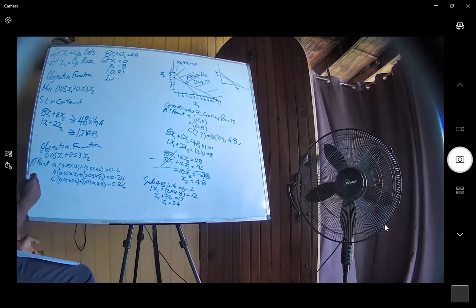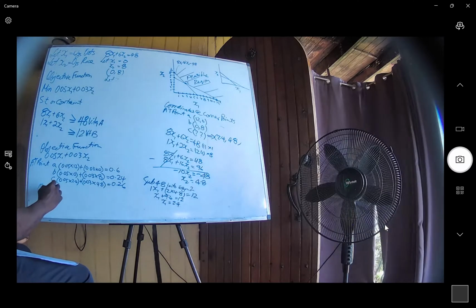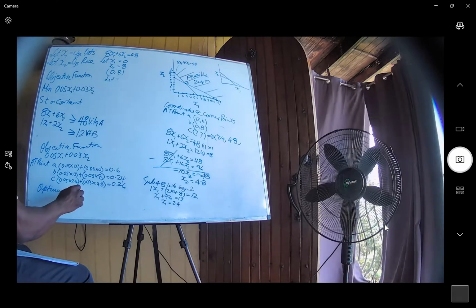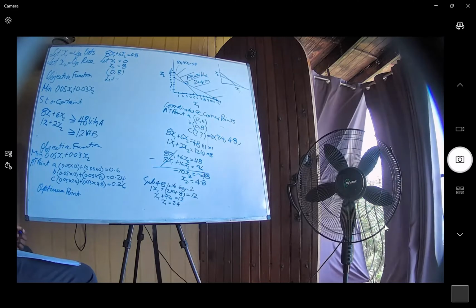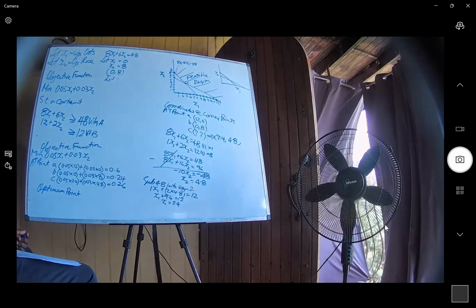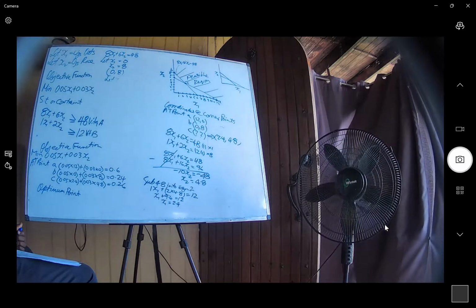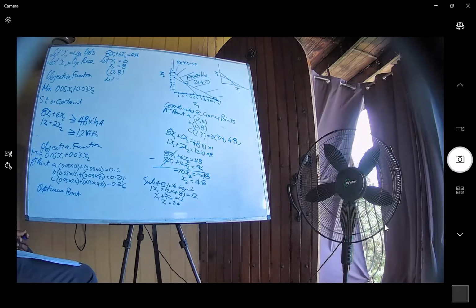That's going to be equal to 0.26. So now I can say what's my optimum point? Anybody? What's the optimum point? We're minimizing, so that's 0.24, exactly. But what's the point?